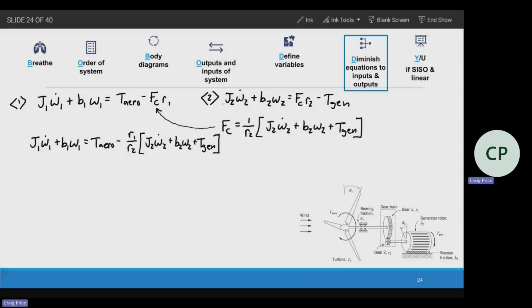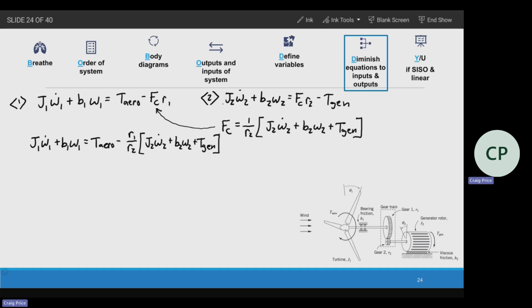I mean, obviously, I can add some of this stuff over to the other side. I could get the omega 2s together with the omega 1s, but I still have two output variables. It's a little bit confusing. We really want to just have one output variable per equation.